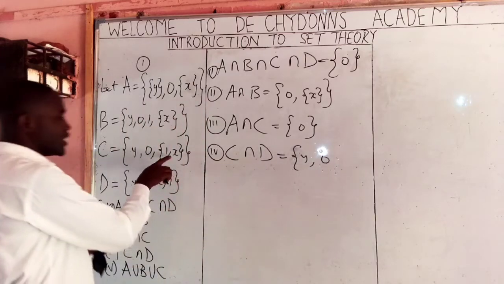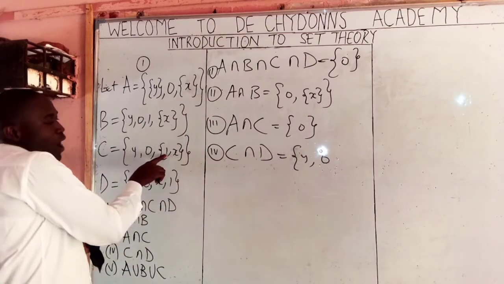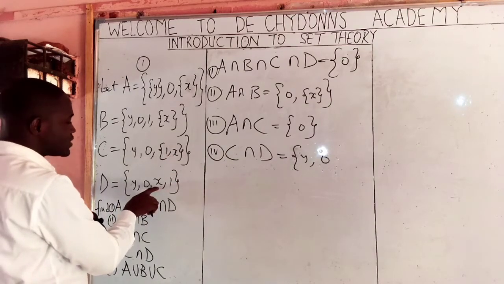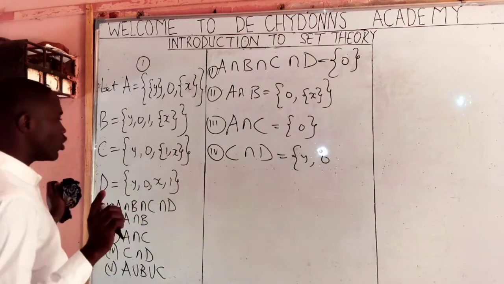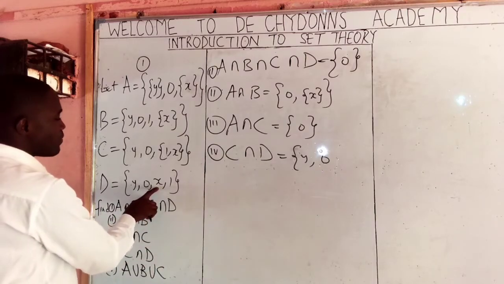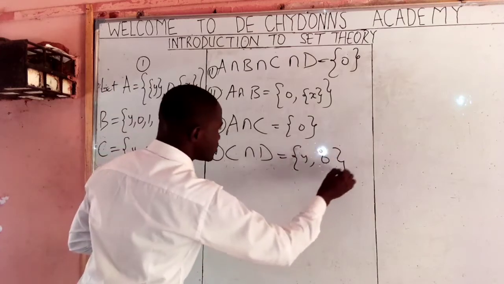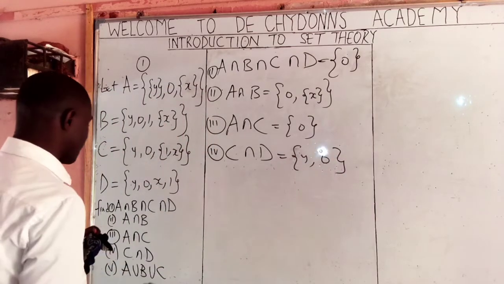You write 0. This X is attached to Y, this X is attached to 1, whereas this one is written on its own. This one is not in curly bracket, but this one is in curly bracket, so they are not the same. So this is C intersection D.